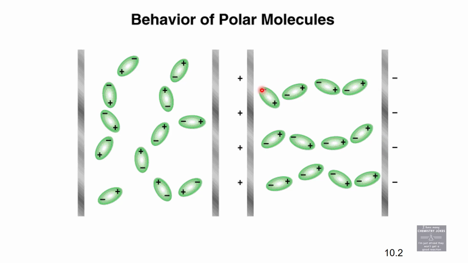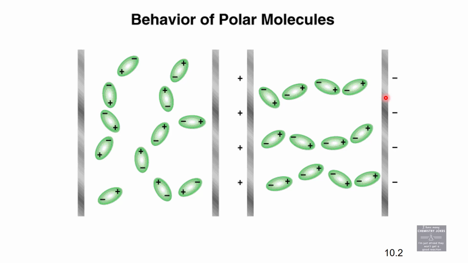So my molecule that's polar lines up with the negative end being attracted to the positive of the plate, pulling the positive end in towards solution, making a negative positive of the next molecule align, negative positive of the next molecule align, and again until you've got the positive of a molecule aligning with the negative of the plate over here.